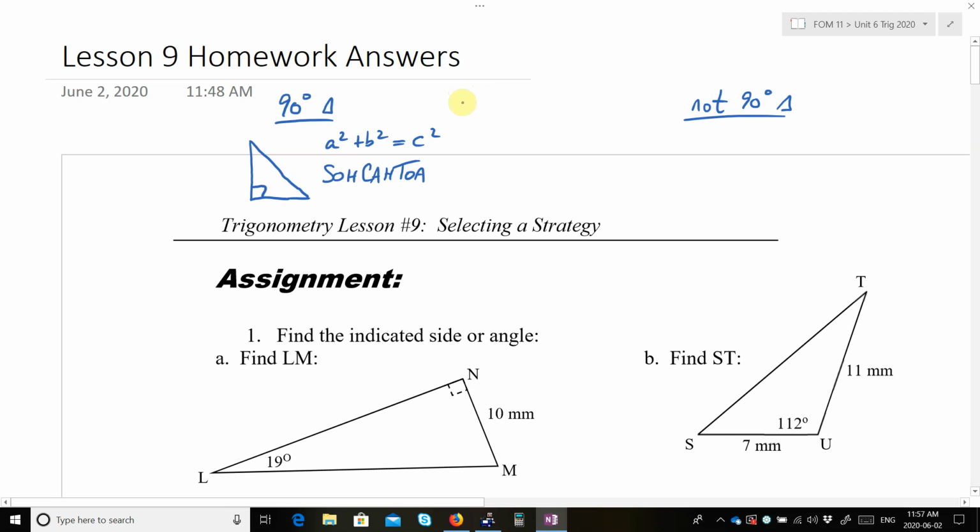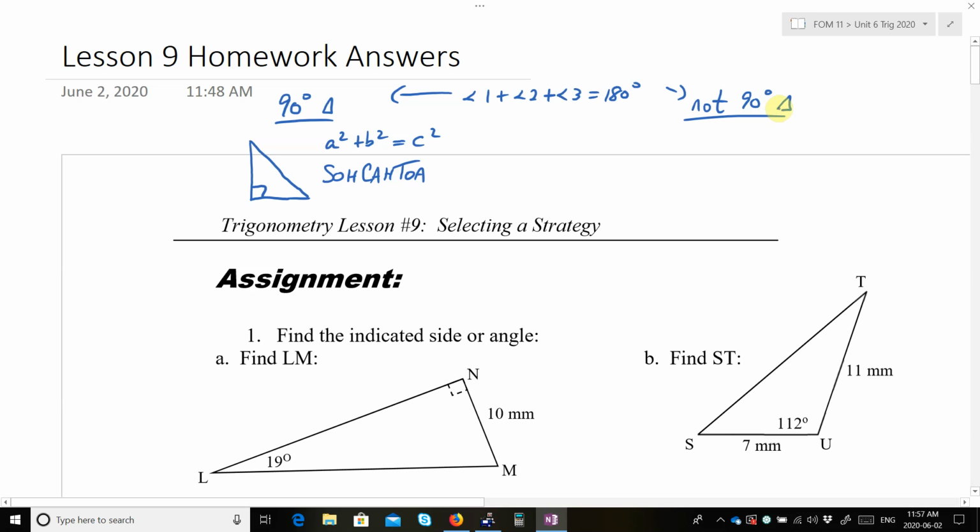That works in both situations, whether you have a 90-degree triangle or not. So angle 1 plus angle 2 plus angle 3 equals 180 degrees. That works for this situation and this situation. So those were our first three tools of trigonometry.